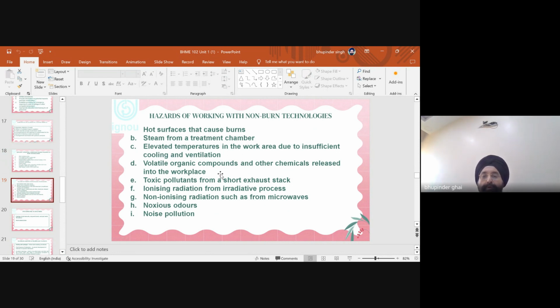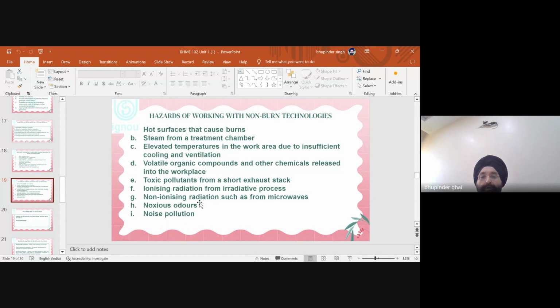Volatile organic compounds and other chemicals are released into the atmosphere. When you treat biomedical waste, volatile organic compounds are released in the atmosphere. Also, toxic pollutants are released from the exhaust stack. Exhaust stacks are chimneys.